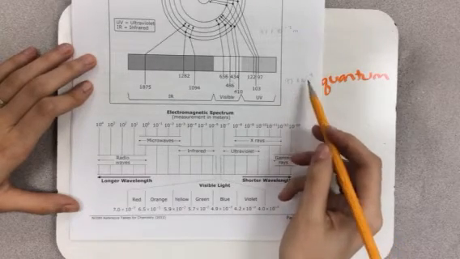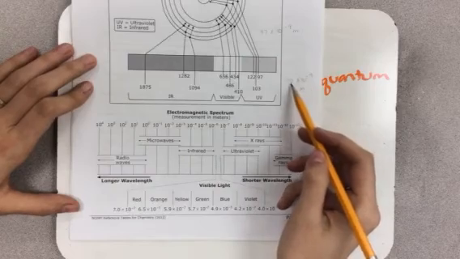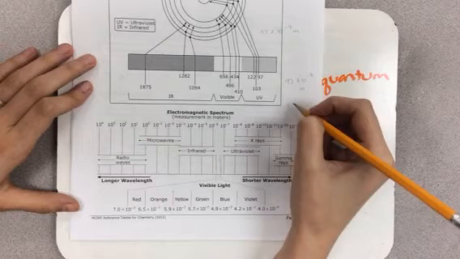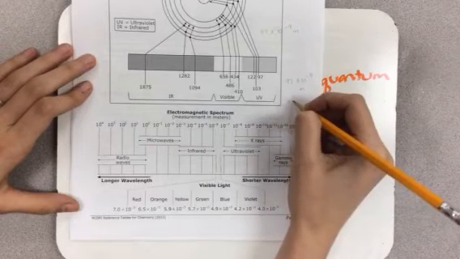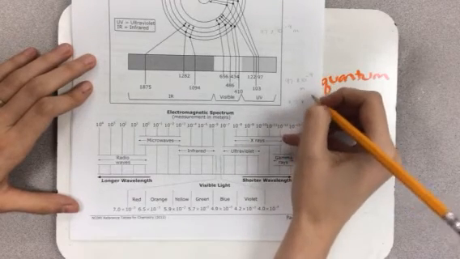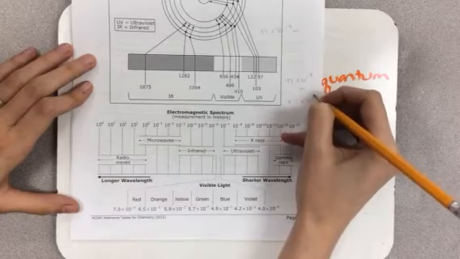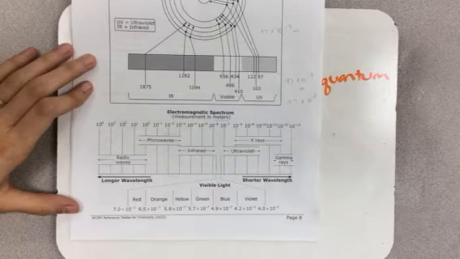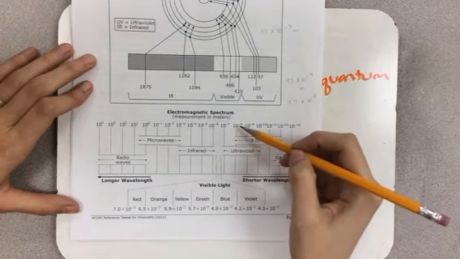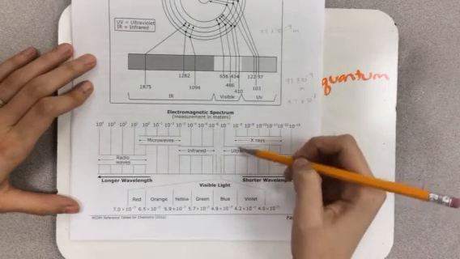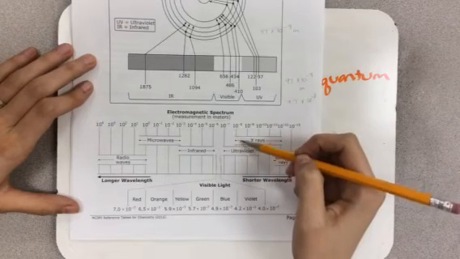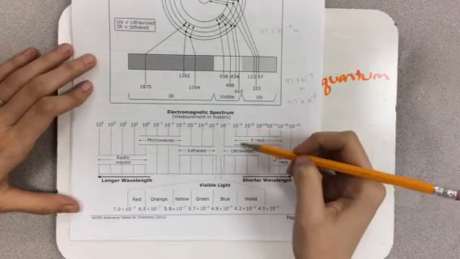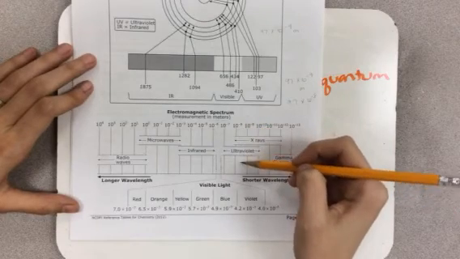It's 97 times 10 to the negative 9th, and that's not really in scientific notation, so really we could say that it is 9.7 times 10 to the negative 8th. This number got smaller, so this number must get bigger. So times 10 to the negative 8th is going to be somewhere right here. This might be ultraviolet radiation, or it might be X-ray radiation. Either way, it's going to be in this vicinity.